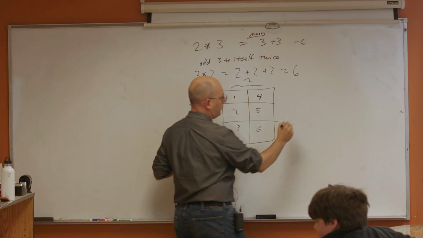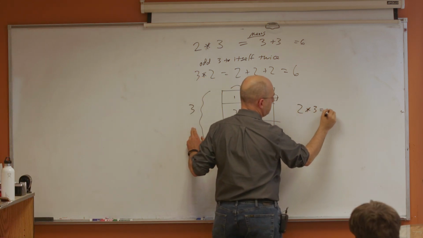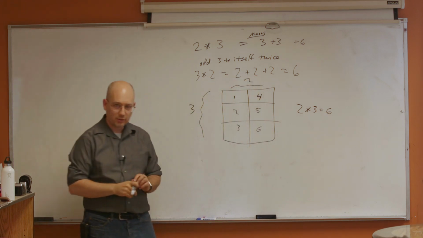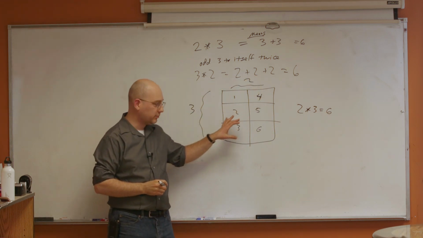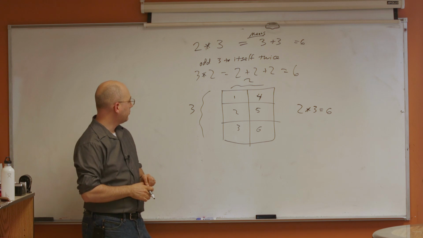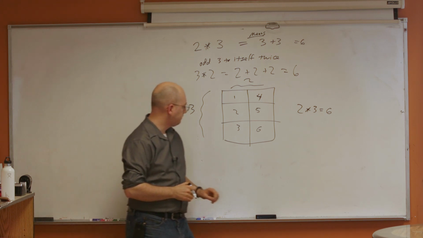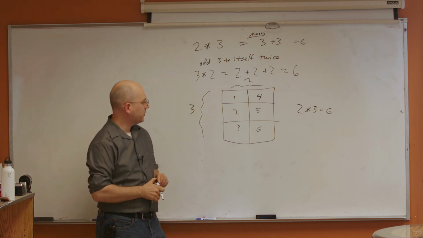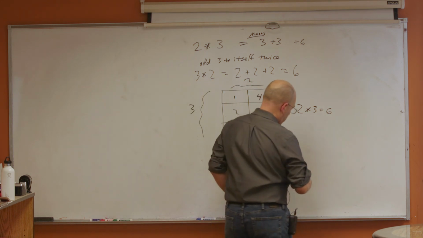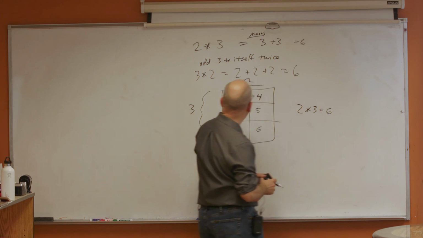So 2 times 3 is 6. All right. This box thing actually is pretty helpful for other stuff. And that's single-digit multiplication. All righty.